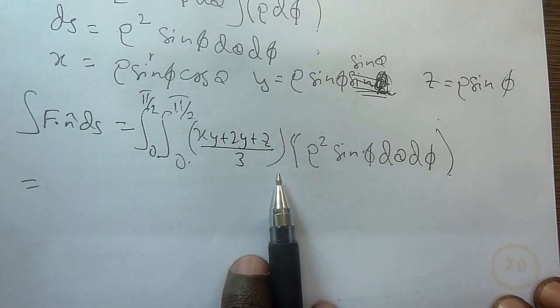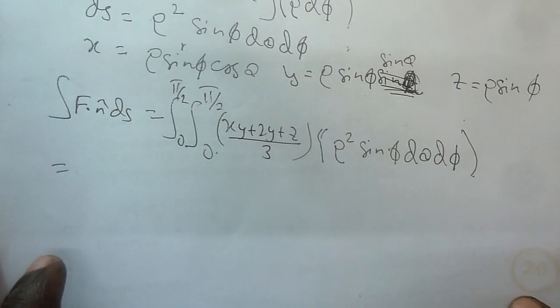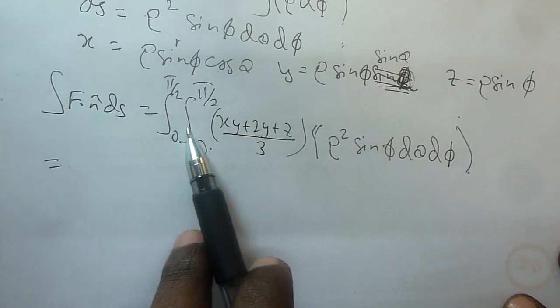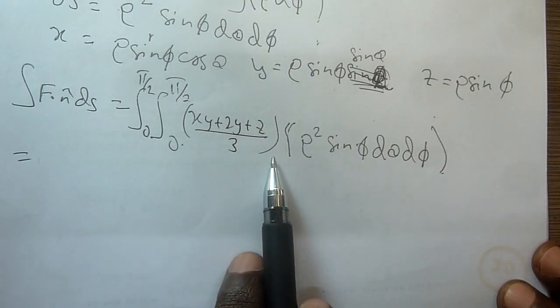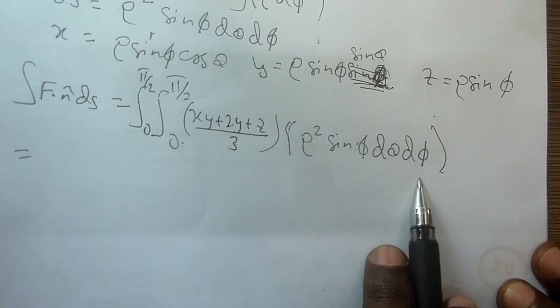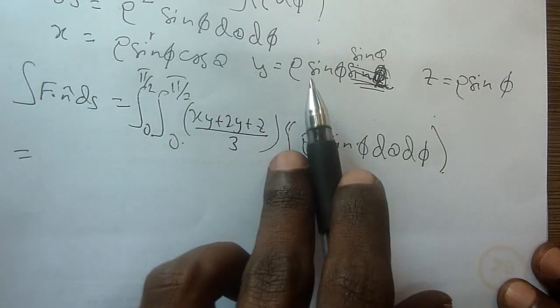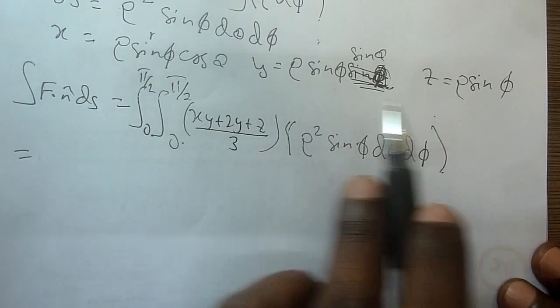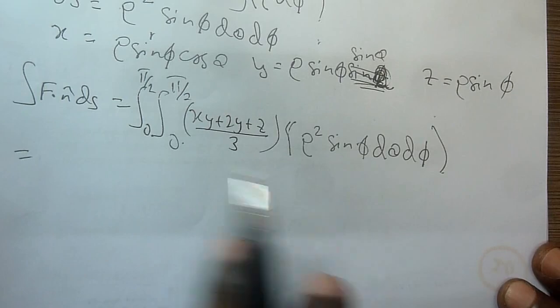In the previous class, we stopped at this place. Is it enough to solve here? No, we need to substitute everything here, the x, y, z, inside here, to calculate.